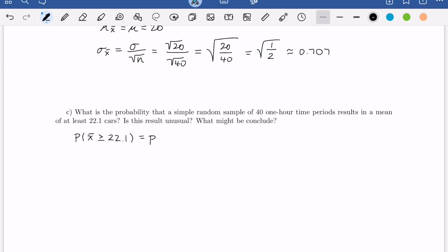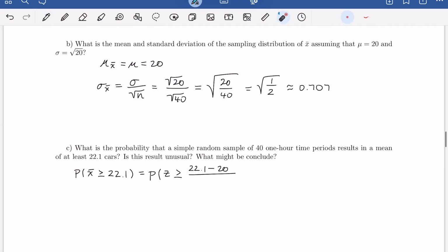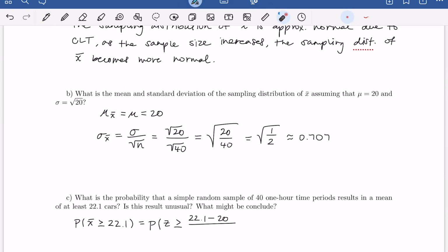Again, we know how to do this. We know that we want to convert this x value of 22.1 into a z-score. So changing this to a z there, subtracting out our mean and dividing by our sample standard deviation. Now we have to be careful. In this case, it's not just going to be this sigma here.